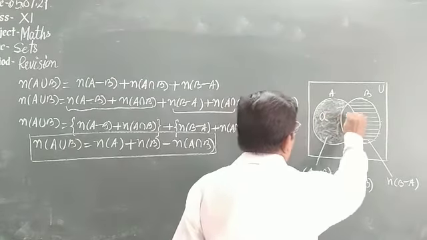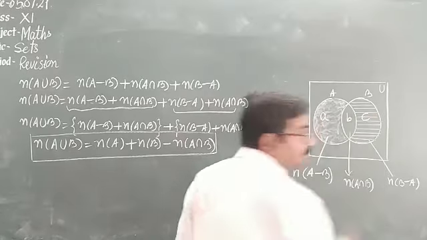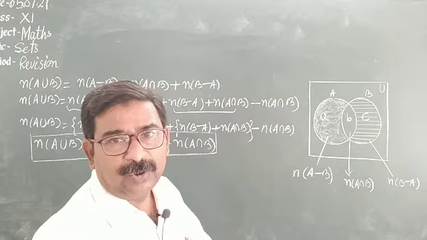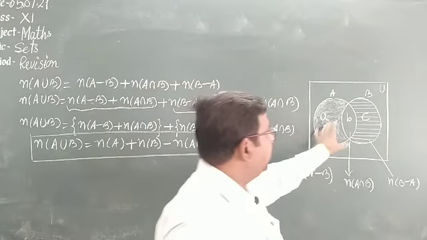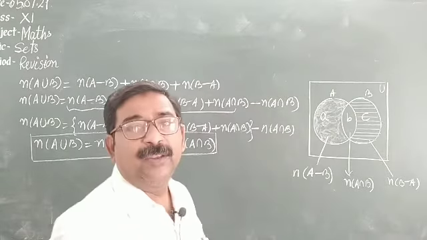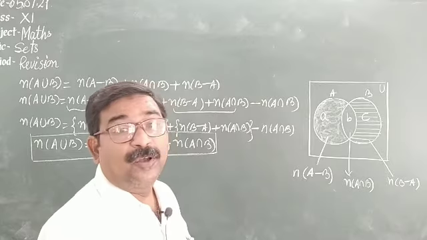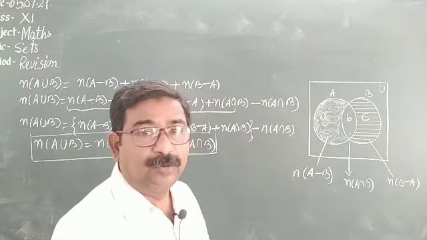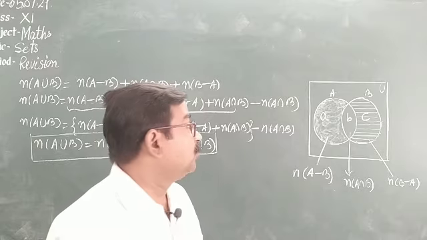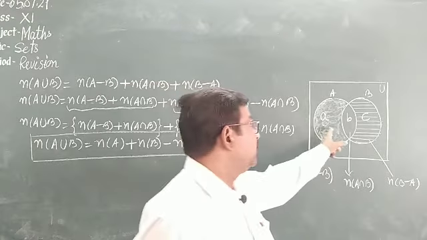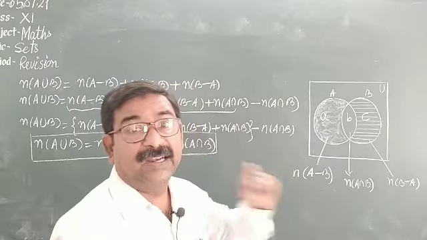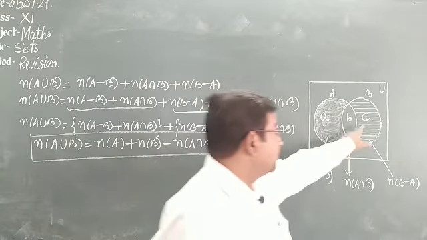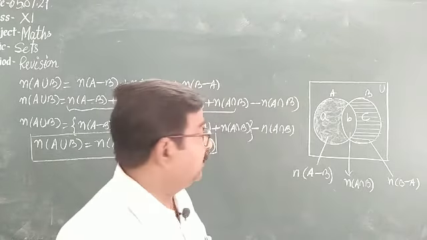This is suppose A, this one is B, this one is C. Whatever portion you are asked, if you are going to find the union, add A, B, C, all three, and you get A union B. Suppose you are going to find A minus B, that is exactly A. Exactly B is C. What is common in both?